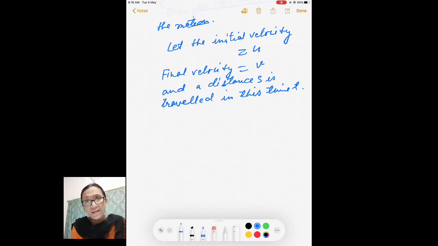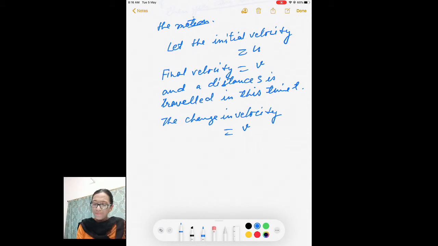Therefore, let us find a quantity called change in velocity. The change in velocity is equal to v minus u.